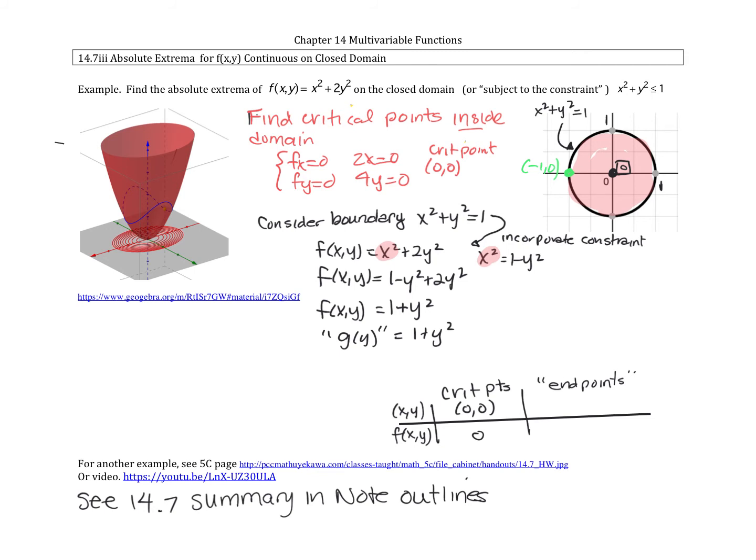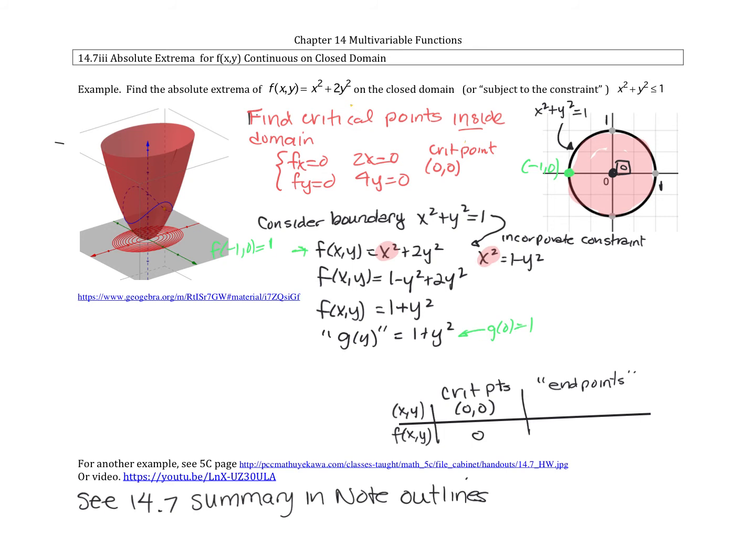If I put (-1, 0) into f right here, f of (-1, 0), I get 1. That's the same thing I'll get if I take this point where y equals 0 and I put it into this function. I get g of 0 equals 1. It's the same functional value either way.